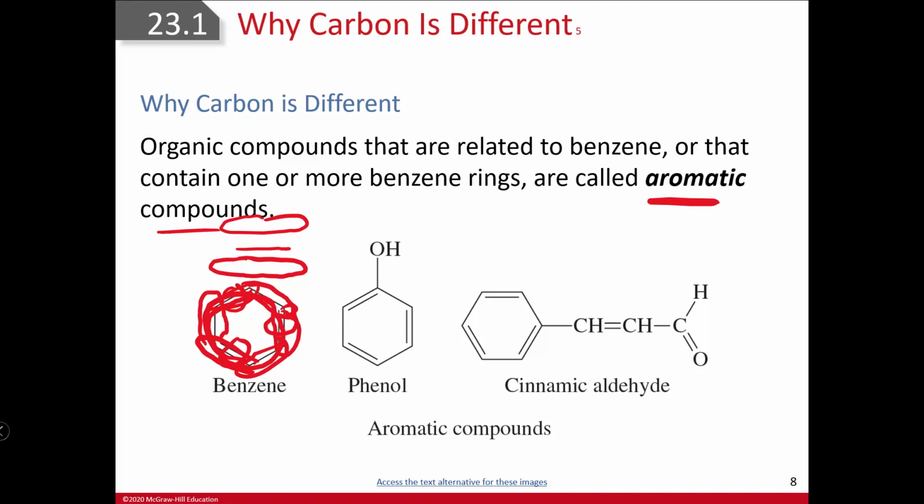The shorthand way is to draw it like this and then just put a circle in it like that to say that this is not cyclohexane, but it's actually benzene. So cyclohexane looks like this too, but it doesn't have the pi bonding where the electrons can freely move around, and therefore we have cyclohexane and then we have benzene.